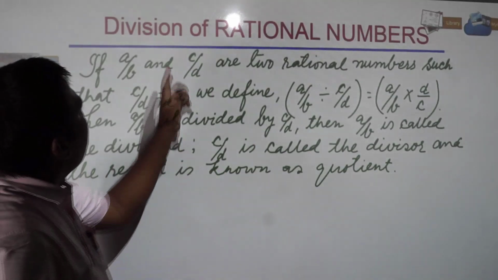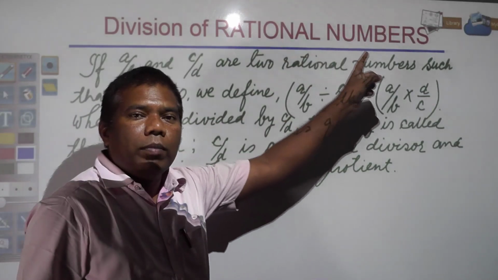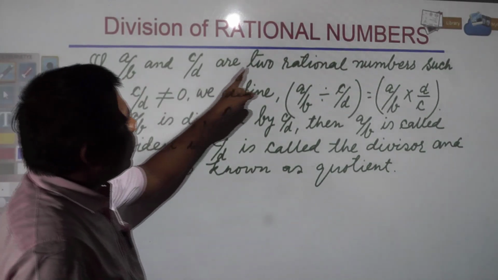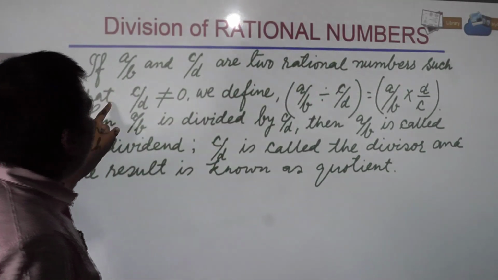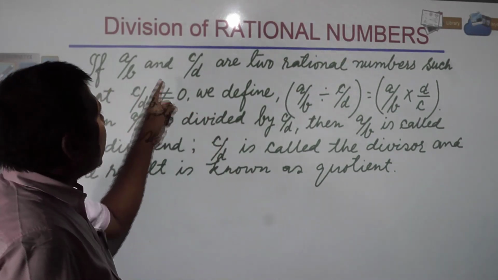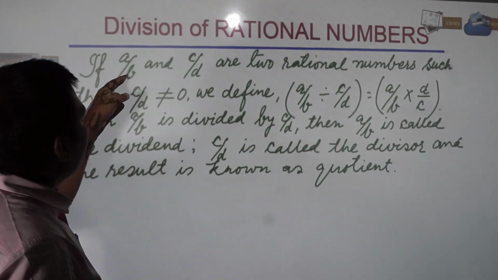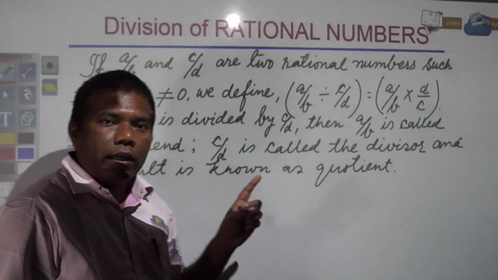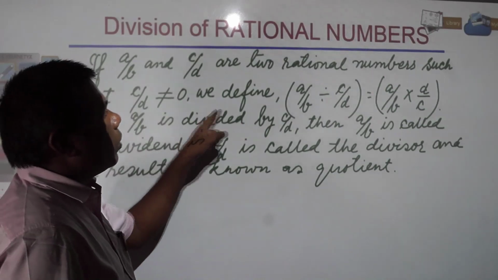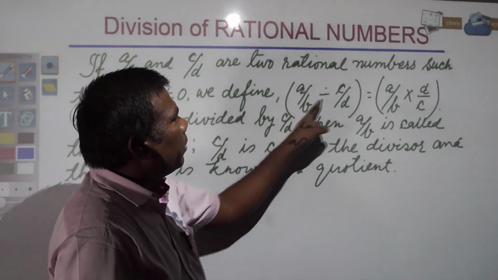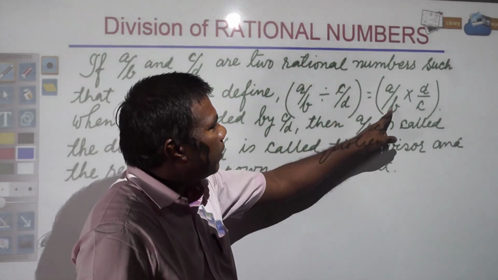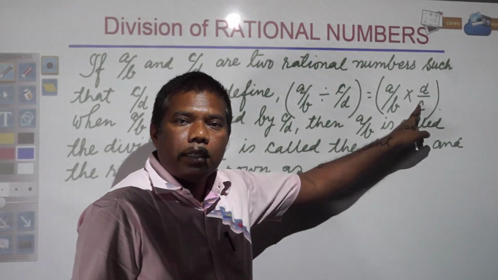Here you see division of rational numbers. If a by b and c by d are two rational numbers such that c by d is not equal to 0, it means any rational numbers in the form of a by b and c by d, where c by d is not equal to 0, then a by b divided by c by d can be written as a by b into d by c.